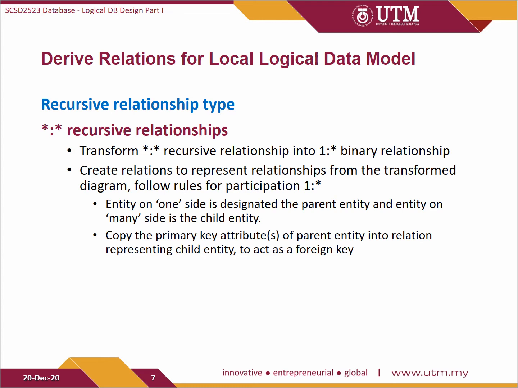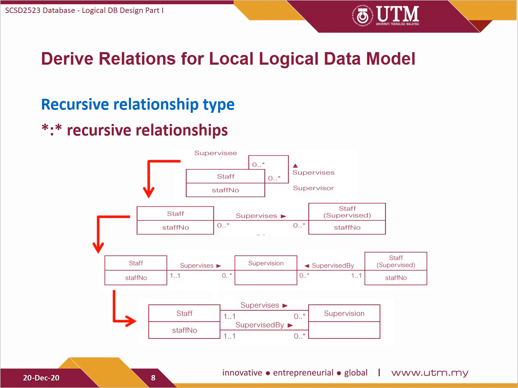Second, copy the primary key attributes of the parent entity into the relation representing the child entity, to act as a foreign key. This is an example showing the many-to-many recursive relationship.